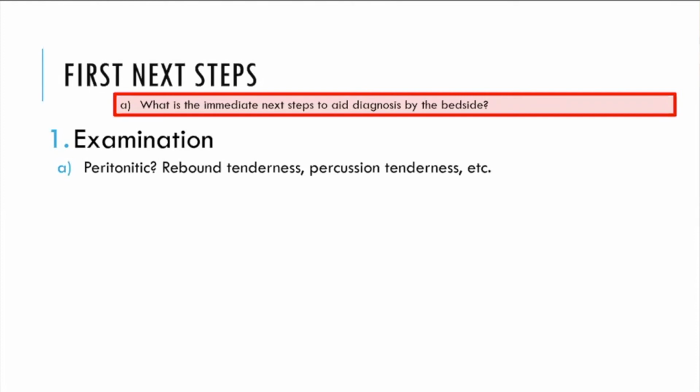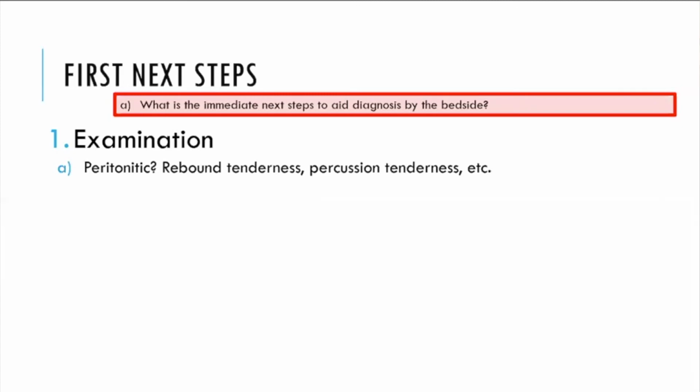Are they peritonitic? I know there's McBurney's sign or McBurney's point, which is meant to be the point of greatest tenderness, or Rovsing's sign when you press in the left iliac fossa, leading to tenderness in the right iliac fossa, psoas sign where you flex the hip and the knee and internally rotate, and whether that can cause irritation of a retrocecal appendix.